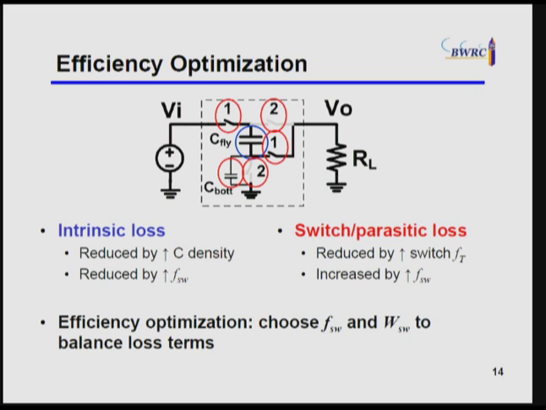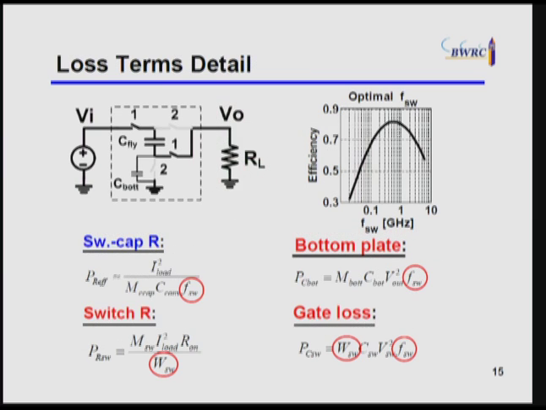So if you're doing an optimization of the overall efficiency, what you really need to think about is how to balance the losses from the intrinsic components, which tend to push you to a higher switching frequency, with the losses from the switch or parasitic terms, which tend to push you towards a lower frequency, okay? And I didn't describe it too explicitly, but you can imagine the same thing happens with choosing the widths of those power switches, right? You make the width wider, you'll have lower resistance, but you'll have higher CV²F losses.